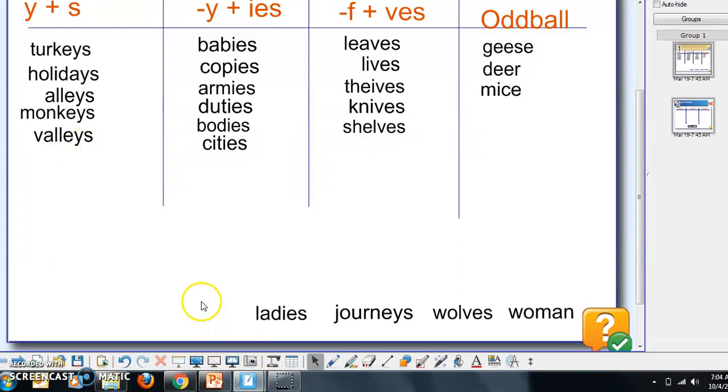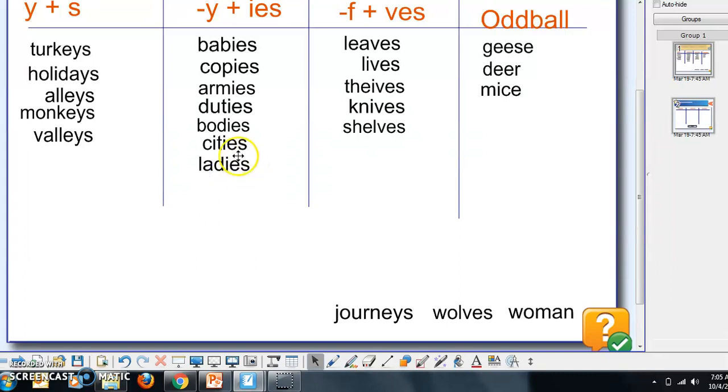The next word is ladies. If I'm referring to one lady, what would the ending of that word look like? Take a look at the ending of this word too. Lady would end in a Y. To make it plural, I would have to drop the Y and add IES.